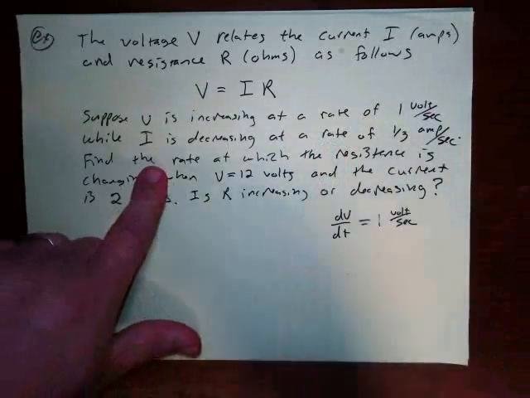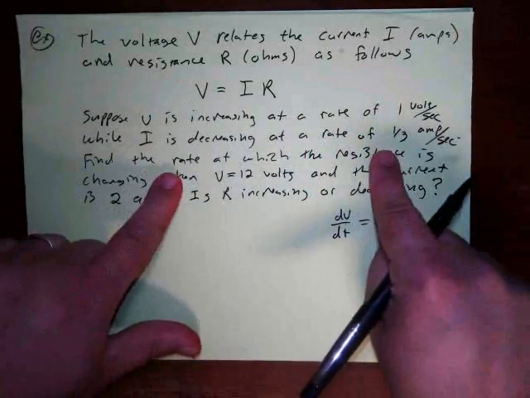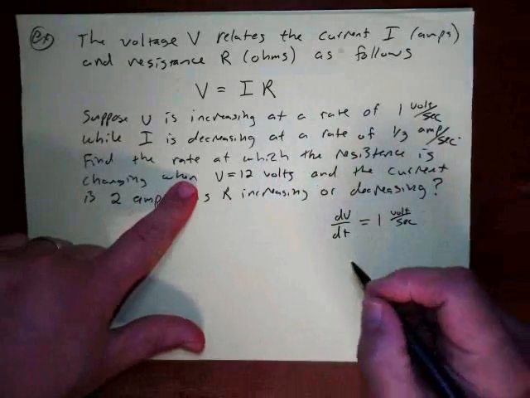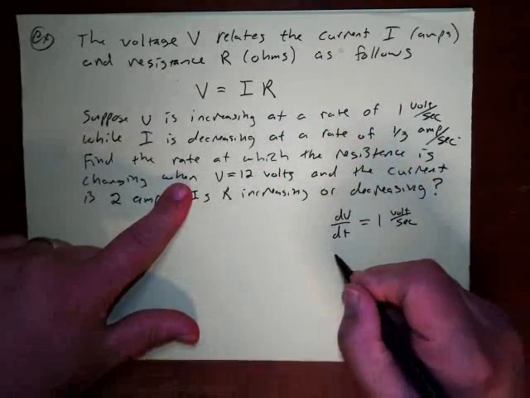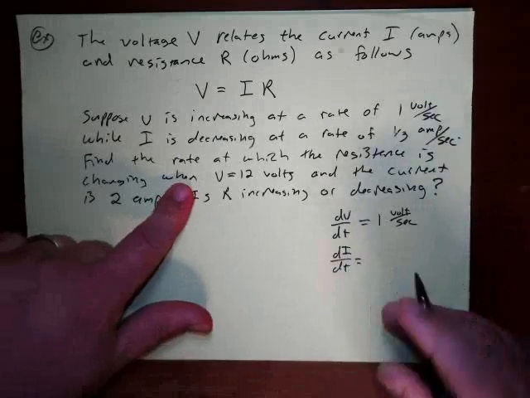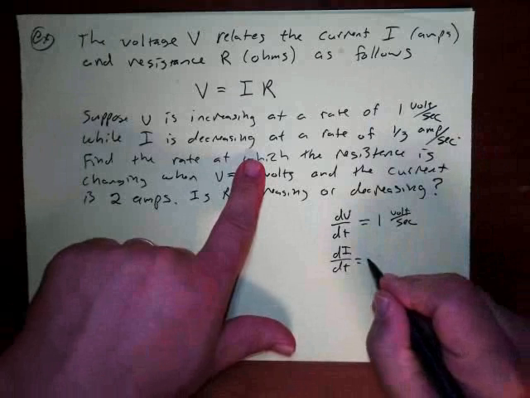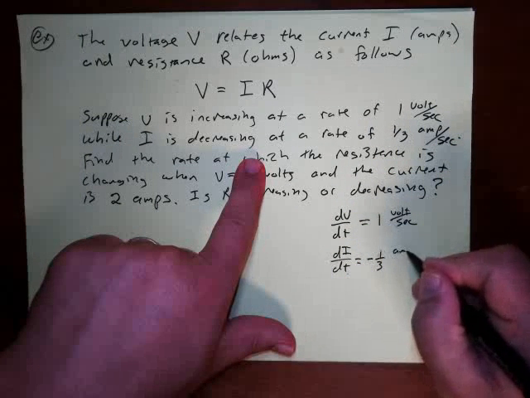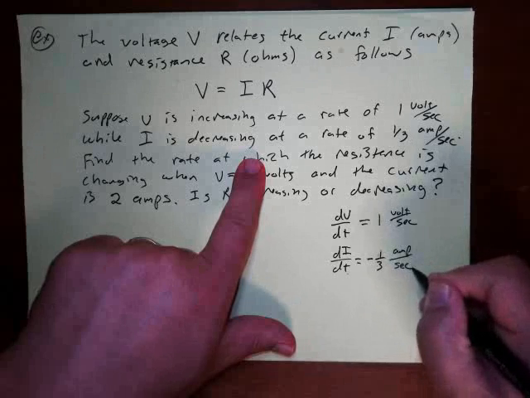And then I'm told that the current, I, is decreasing at a rate of 1/3 of an amp per second. So that's actually dI/dt. And I'm told that it's decreasing, so it's a negative 1/3, amps per second.